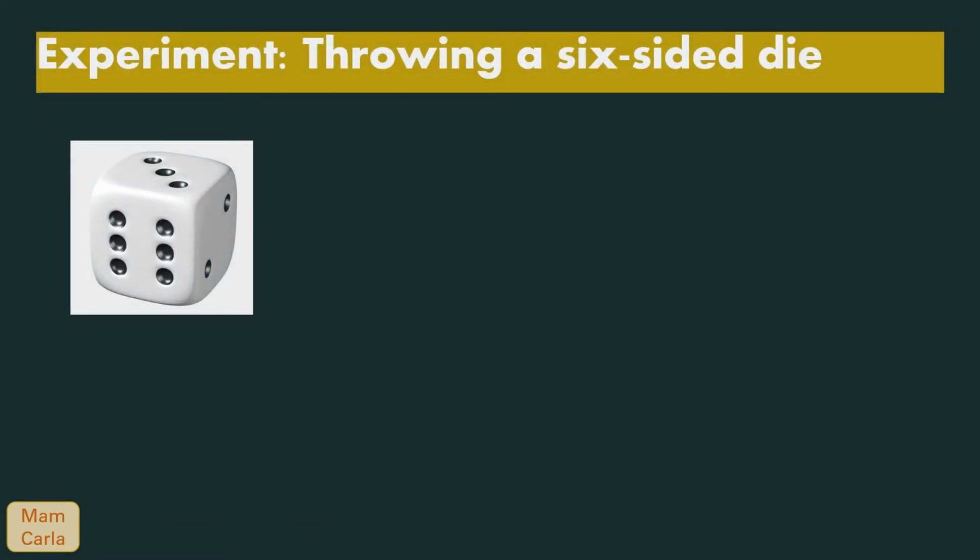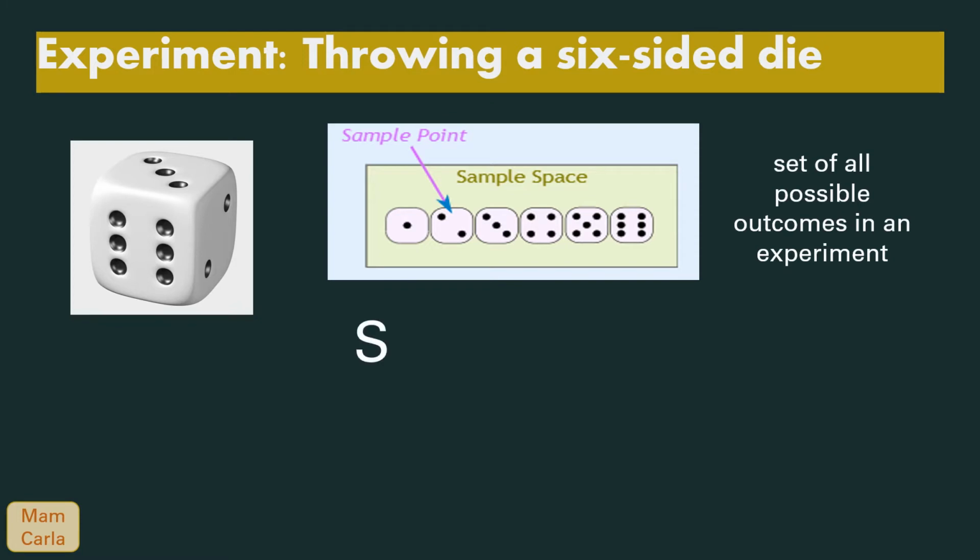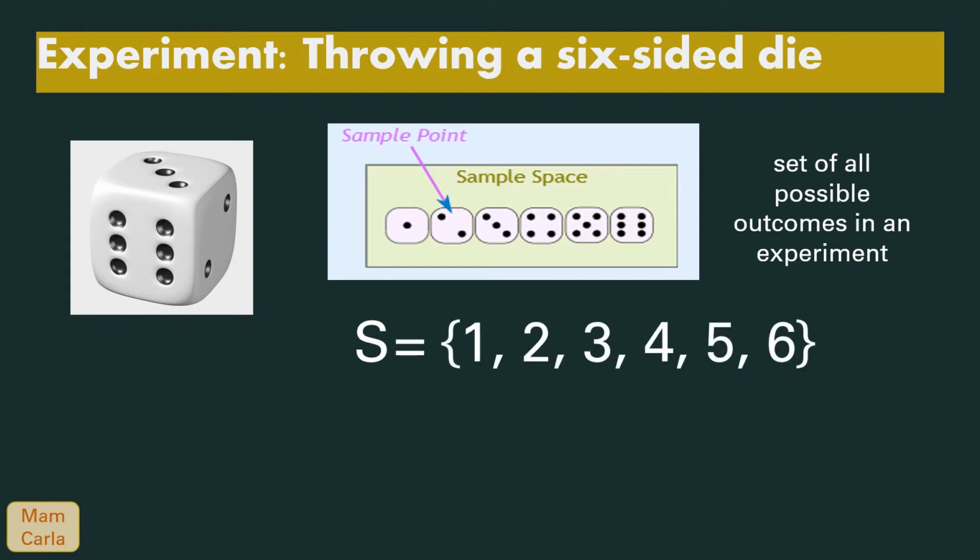In an experiment of throwing a six-sided die, we have the set of all possible outcomes. So this set of all possible outcomes is called the sample space, and the sample space is denoted by capital S. If we are going to identify the sample space in this experiment, we have 1, 2, 3, 4, 5, 6.